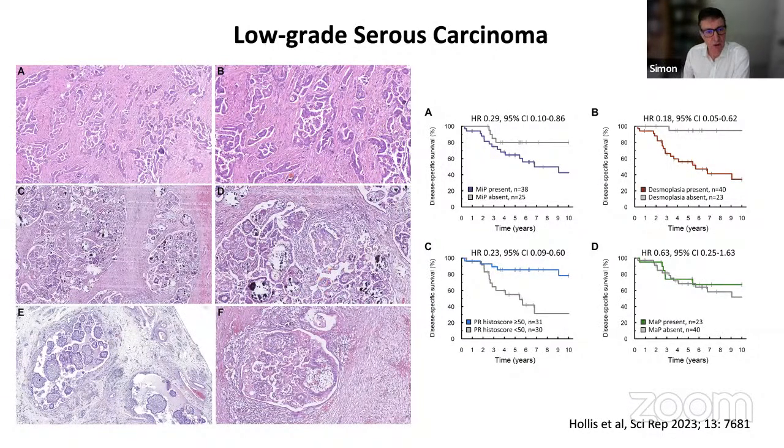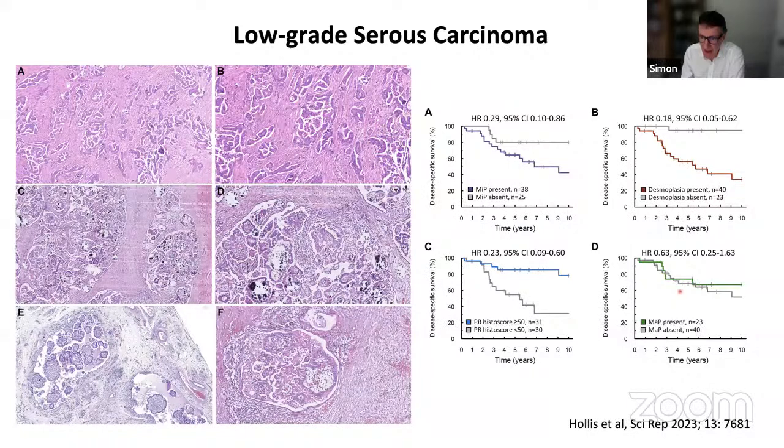But again, not all low-grade serous carcinomas are the same. And here's some data from our work showing that the presence of a micropapillary invasion pattern, which we know from other sites is associated with aggressive behavior, is also associated with aggressive behavior in low-grade serous carcinomas, as is the presence of desmoplasia, as is the absence of PR expression, which in our hands was more predictive than ER expression.